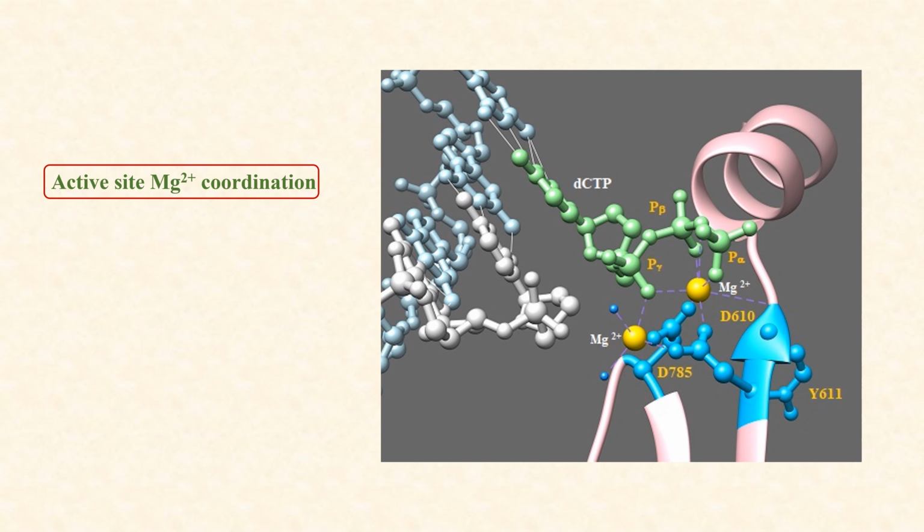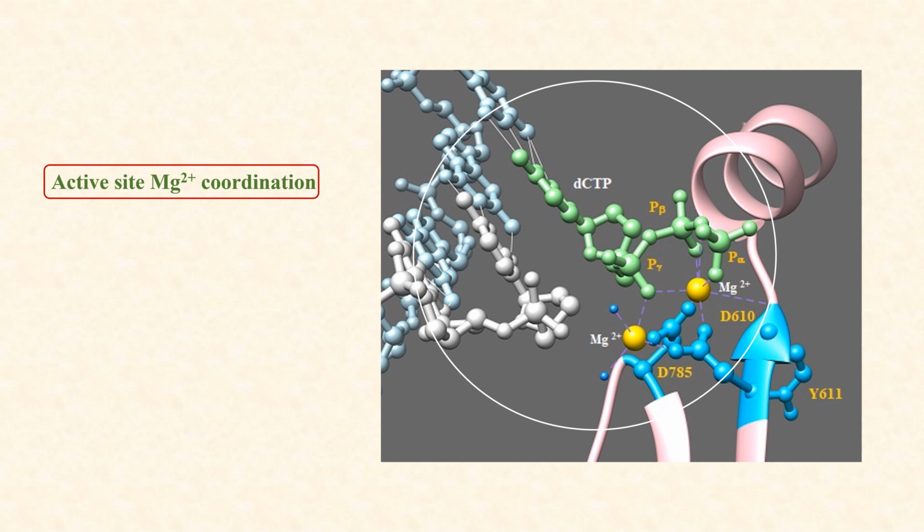In all DNA polymerases, the phosphoryl transfer reaction takes place by a 2-metal ion catalytic mechanism, and in most cases the metal ion is magnesium. 2 magnesium ions are coordinated in the active site by the phosphates of an approaching nucleotide, carboxylate side chains of aspartate residues, and water molecules.